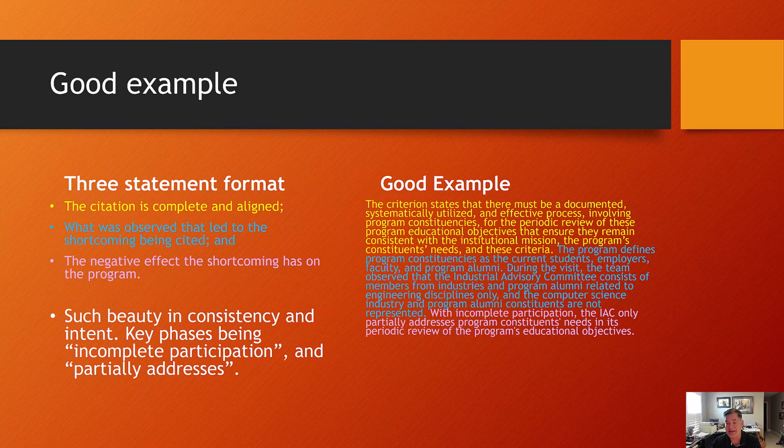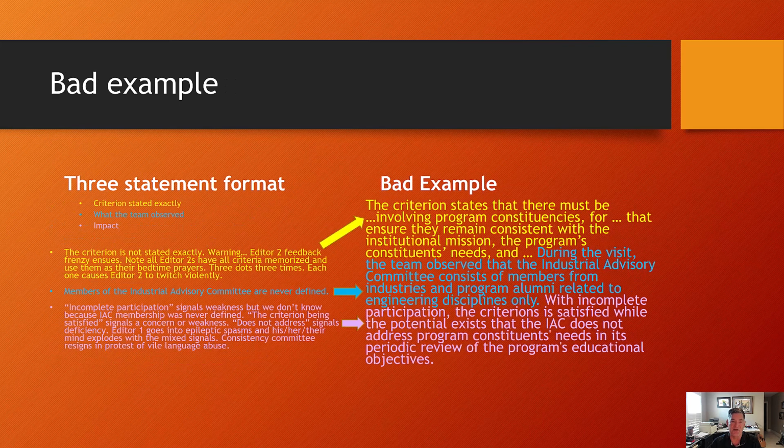So with incomplete participation, you're only partially addressing, okay, the periodic review of the PEOs. And again, when you look at this, hopefully you're leaning back and going, that's consistent. The incomplete participation, partial address, that means weakness, if I'm looking at this as an editor 1 or editor 2 or the program itself.